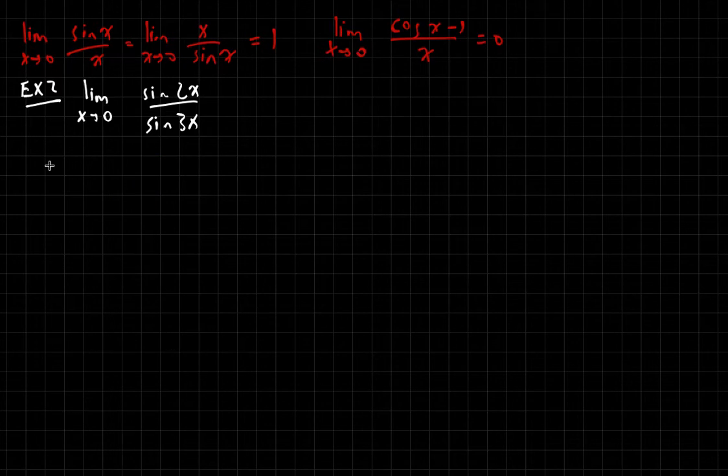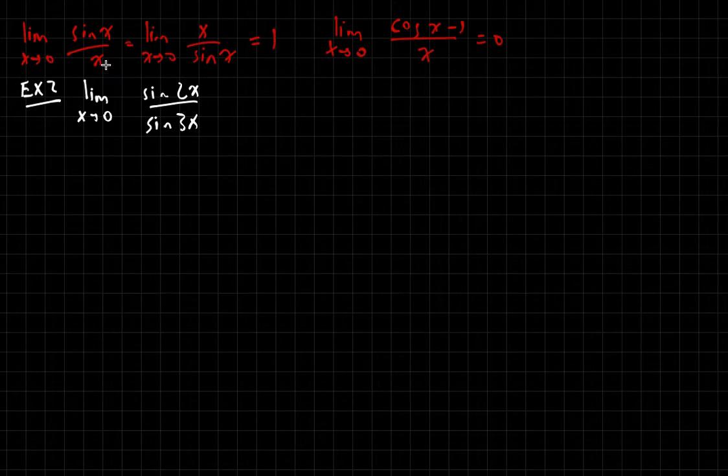Now this second example says, what is the limit as x approaches 0 of sine of 2x over sine of 3x? So here we have a problem. We don't have a single x like we have in this formula.